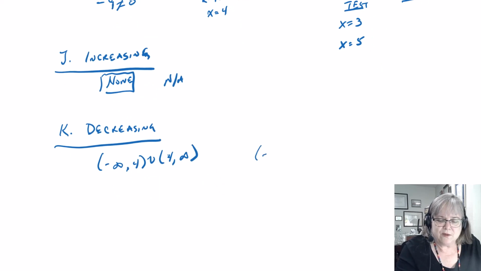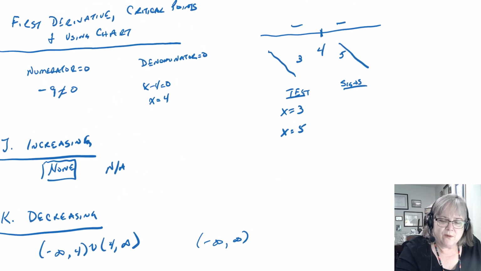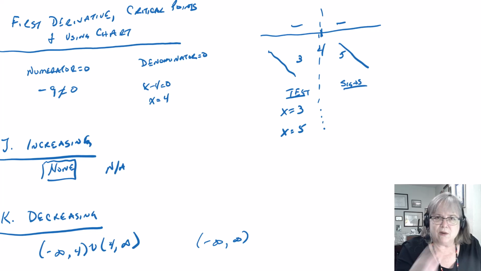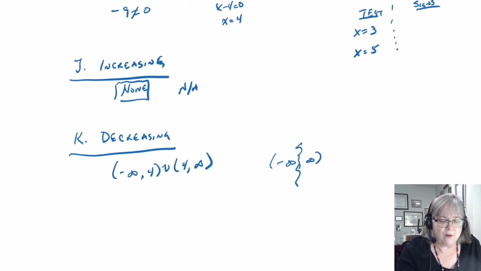Some students want to try to say negative infinity to infinity, but y'all, keep up with this. At 4 is an asymptote, right? So the whole graph breaks and has a vertical asymptote there. So it is not decreasing through an asymptote. Okay, there's a wall there. So it would look like this.